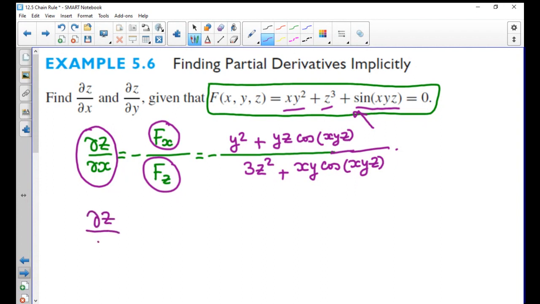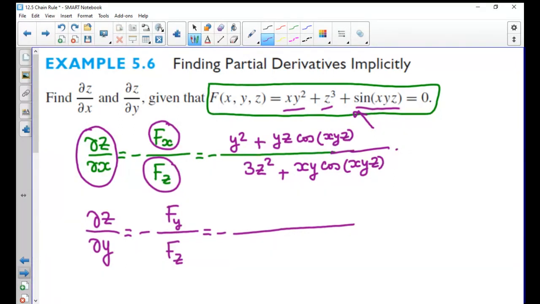In the same way, we can find dz over dy. The rule now will be minus fy over fz, like this. So we're going to do the same work.